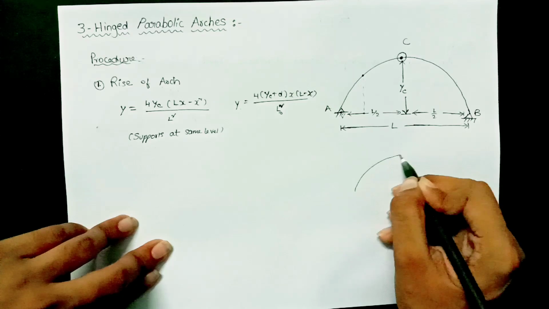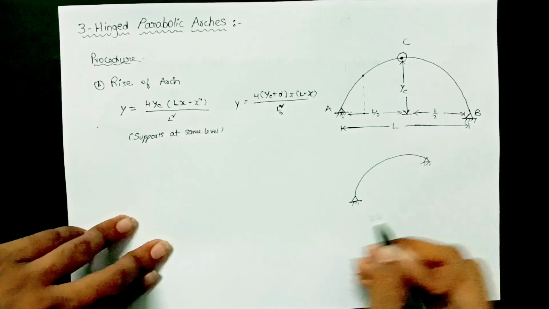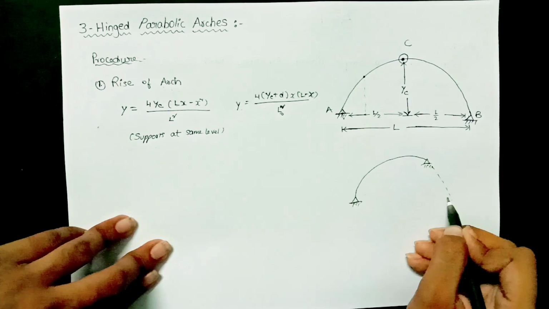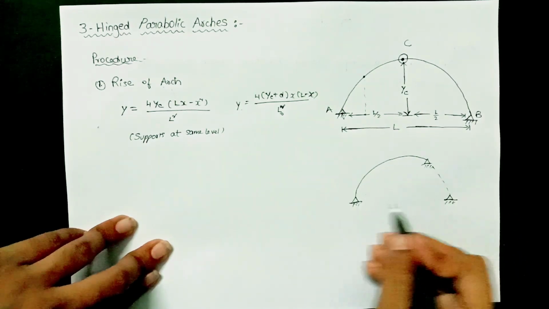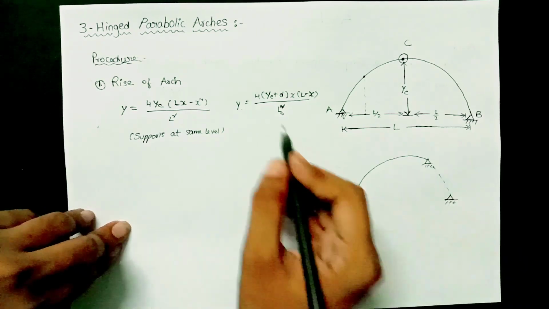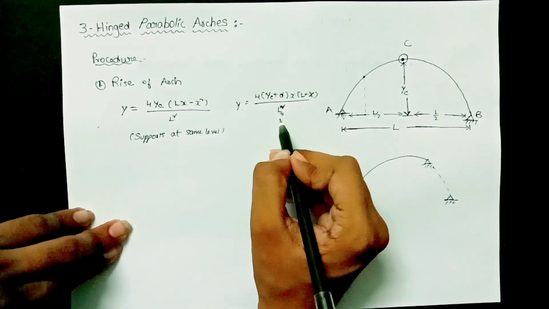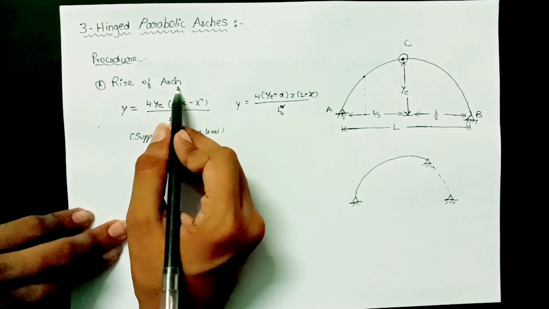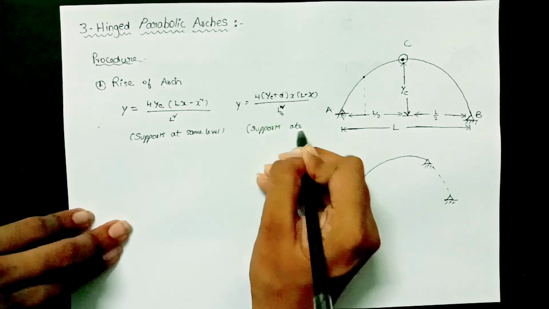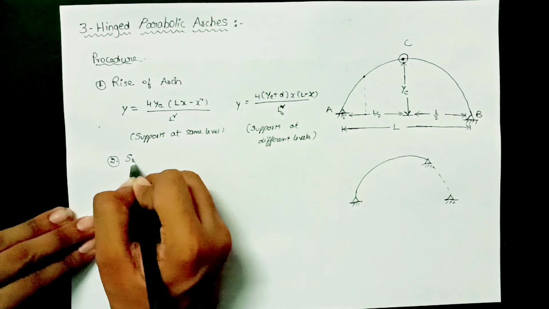For example, if you take an arch in this fashion, you have one support here and another support here, at different levels. L0 represents the span as if the supports were at the same level, taken just for the analysis. So the first step is to calculate the rise of arch, and this is the formula for supports at different levels. The next step is to calculate the support reactions.